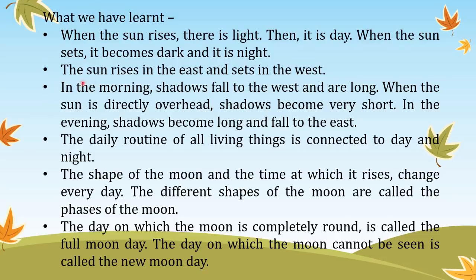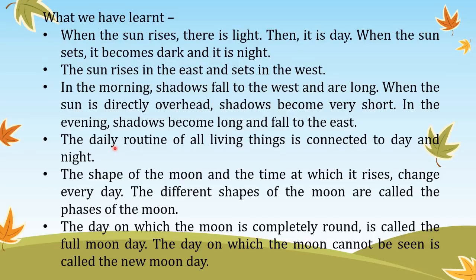The sun rises in the east and sets in the west. In the morning, shadows fall to the west and are long. When the sun is directly overhead, shadows become very short. In the evening, shadows become long and fall to the east.